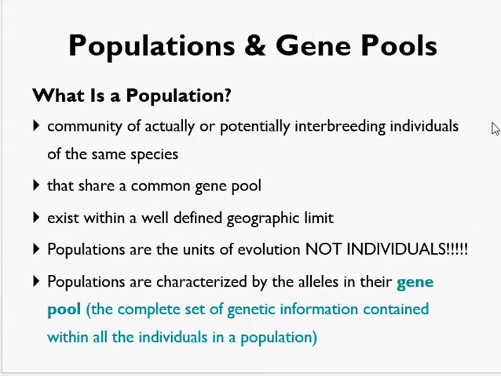So what is a population? A community of actually or potentially interbreeding individuals of the same species. It's probably not a good idea to use the term community because that implies a certain taxa altogether, but a population is all of the same species and therefore quite often interbreeding.